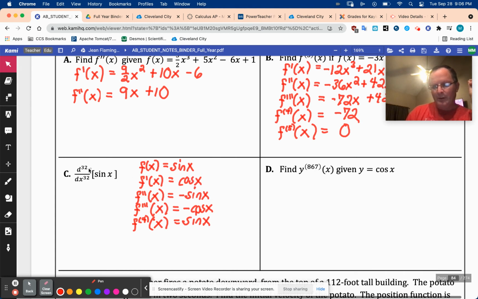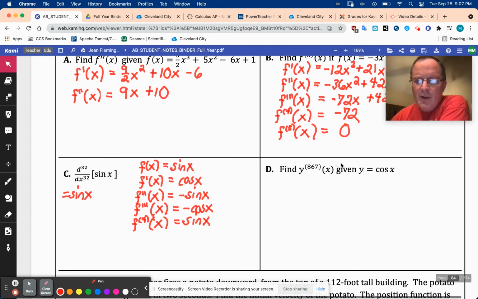True? So 32 happens to be divisible by 4. This is sine x. The cyclic nature of this, it's going to repeat every 4. Yeah, absolutely. That's exactly what's going to happen.